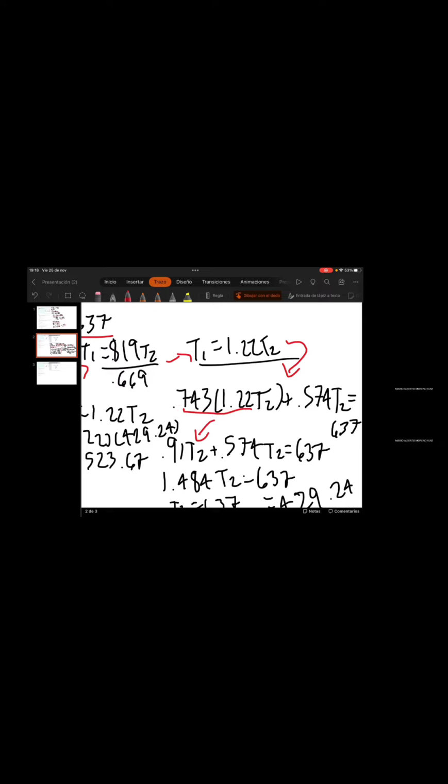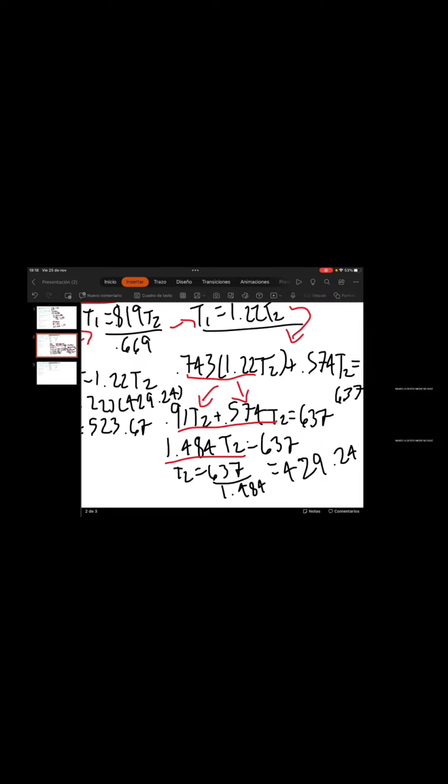We're going to get 0.9 times T2 plus 0.574 times T2, and this is equal to the weight. Now we're going to add these two numbers, and we will get this number right here, 1.484. It's equal to the weight.